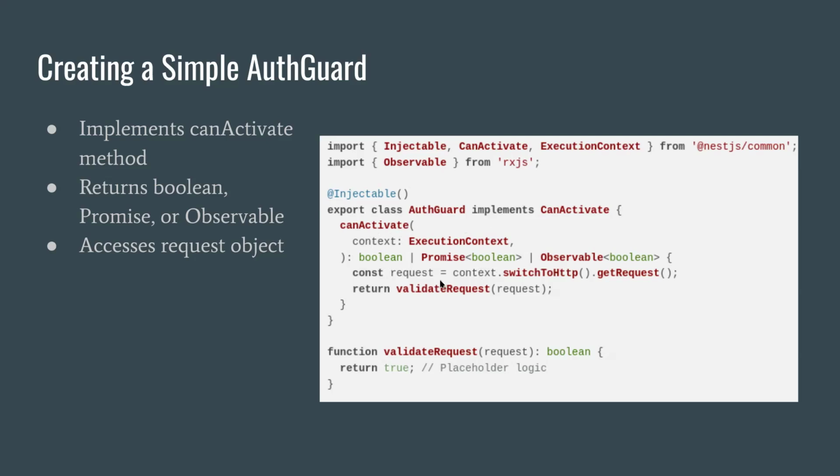If it returns true, the request is allowed to proceed. Otherwise, it is denied. The execution context parameter provides access to the current execution state, allowing us to get the request object and perform validation logic.